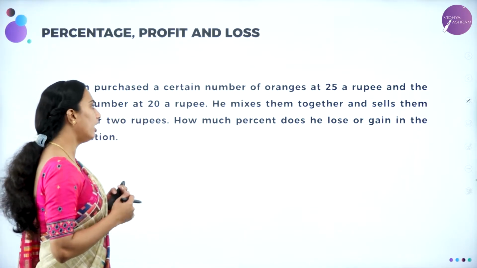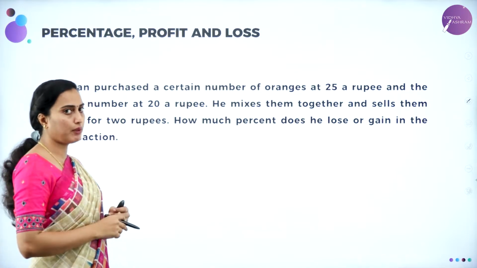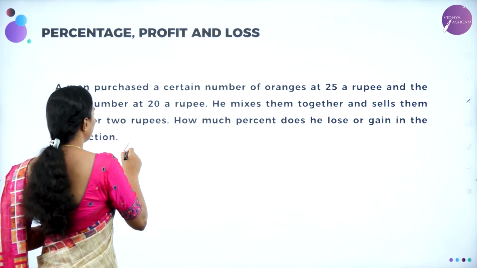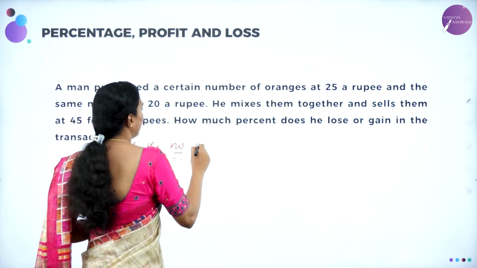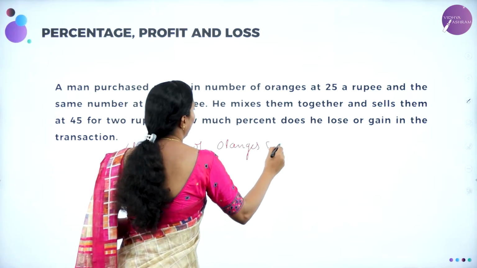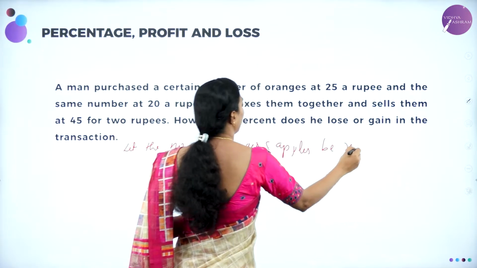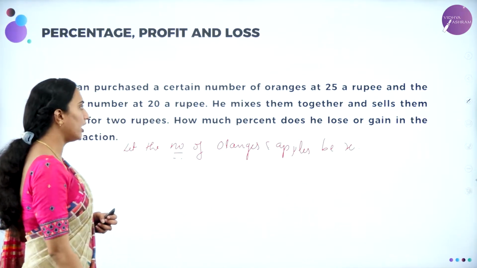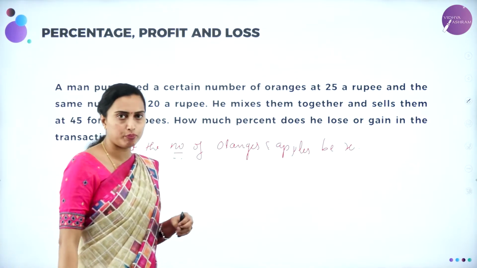So oranges at 25 a rupee and the same number at 20 a rupee. Correct? So here, I am going to take the same number, here it is nothing but apples I am going to consider. Let the number of oranges and apples be X. So he is going to sell at 25 and 20 for a rupee, isn't it?